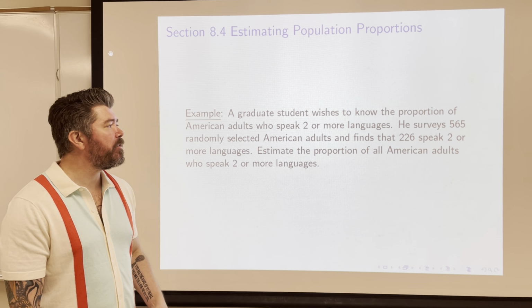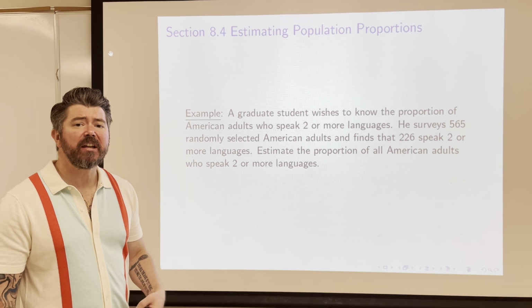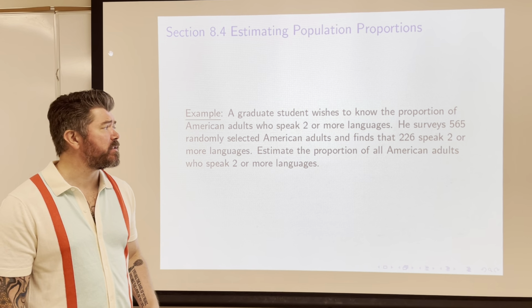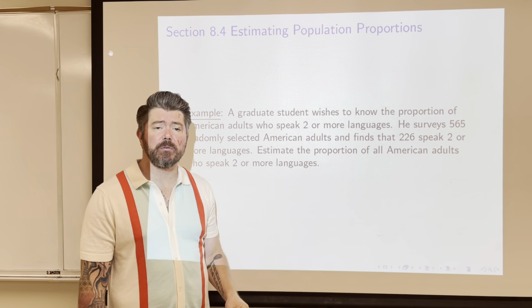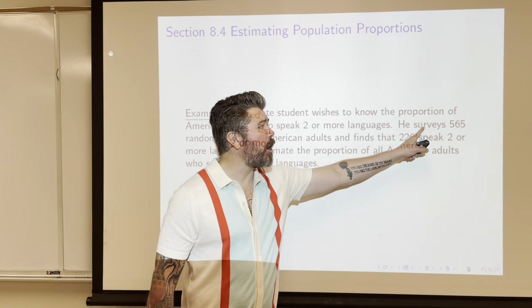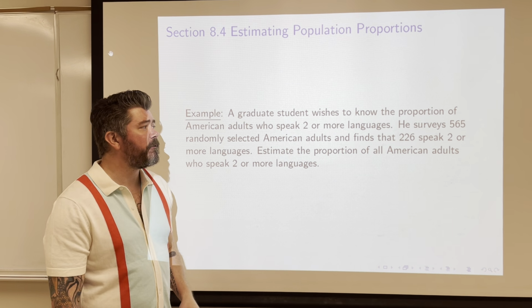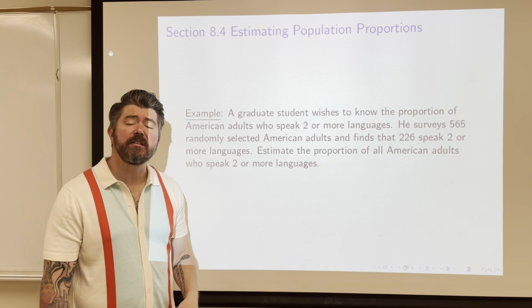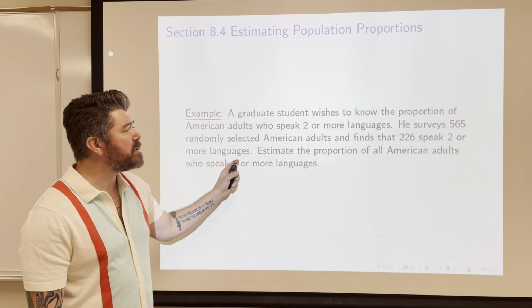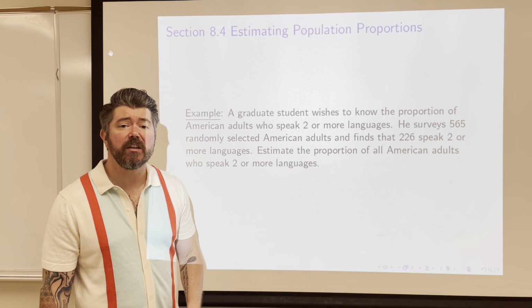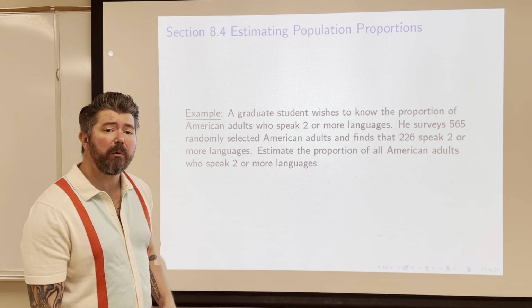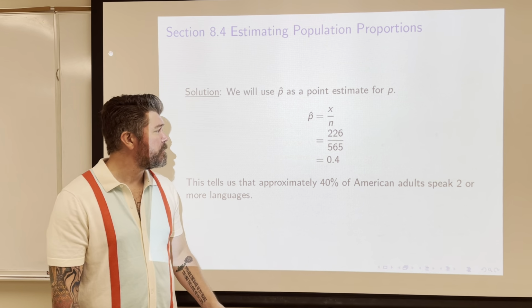Now notice in this problem, the characteristic that we are focusing on are American adults who speak 2 or more languages, right? So we have a total sample size of 565, this is our n, and we see that 226 satisfy this characteristic, and this is what we would denote by our x here.